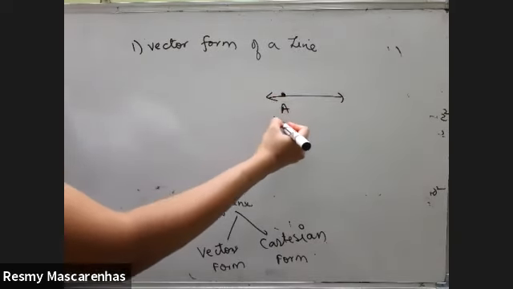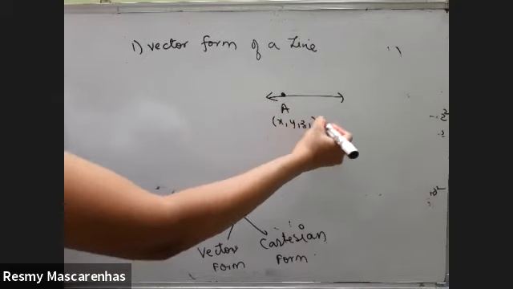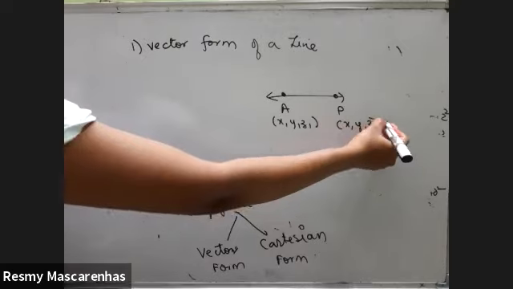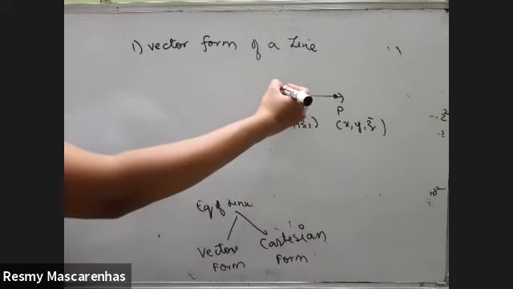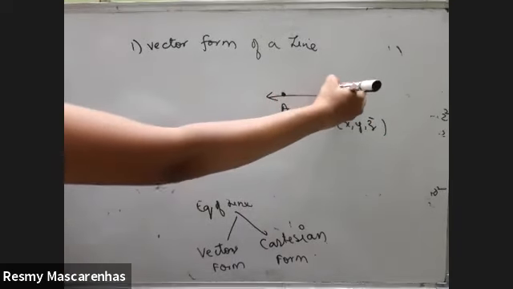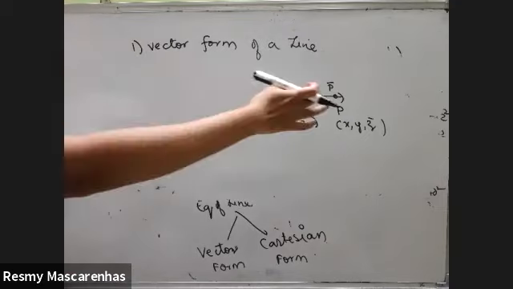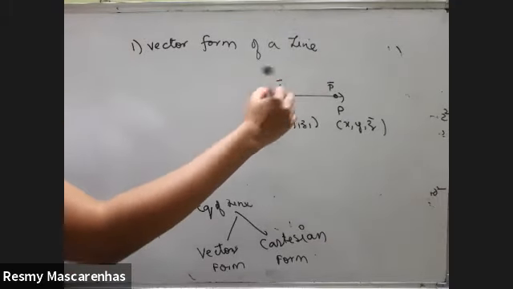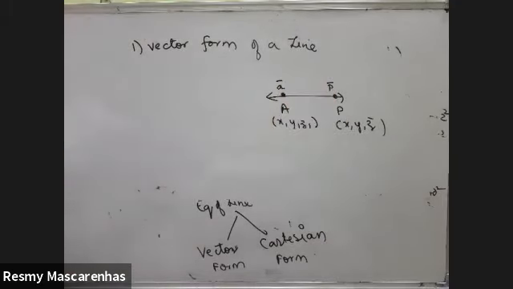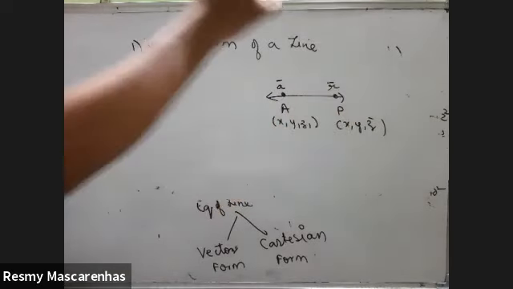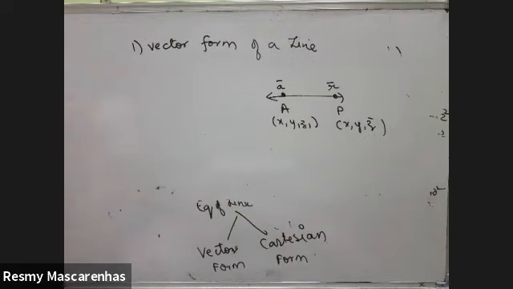This is A, so this is x1, y1, z1. This you had assumed to be P, x comma y comma z. So we always write it in small vectors. Actually, this should have been small a bar and this should have been small p bar. But they have used r for p, because I'm just referring to the same notations as the textbook.